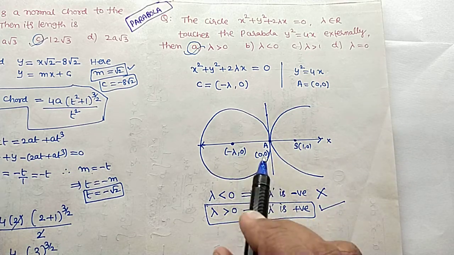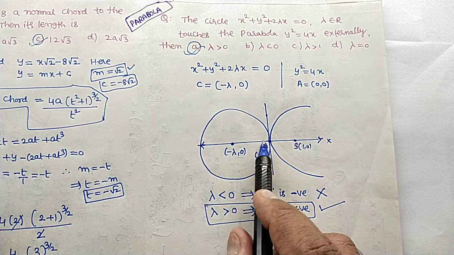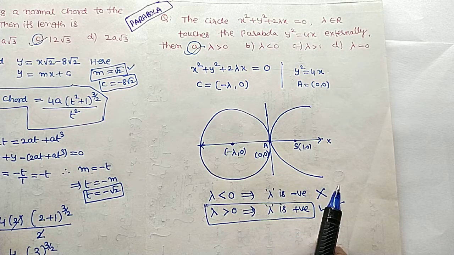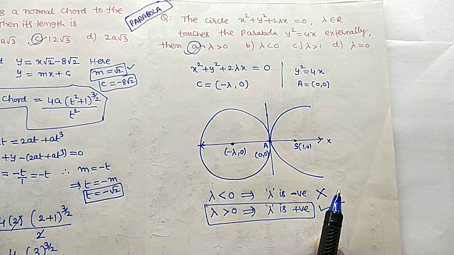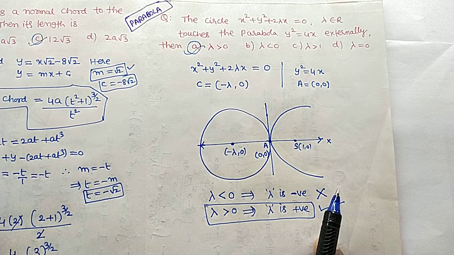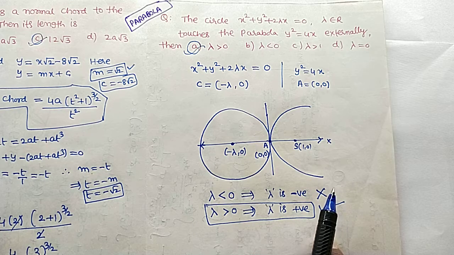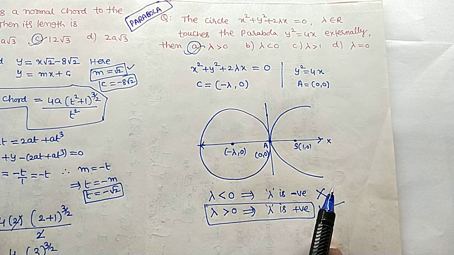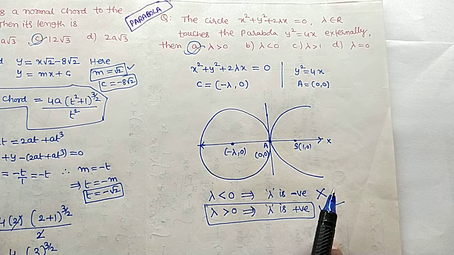If lambda is greater than 1, its radius is equal to 1 only, so it is not possible. That is the reason lambda greater than 0 is the only possibility. We can take any value between 0 and 1 also. For those values also, the given circle touches the parabola externally. Not only lambda greater than 1, but lambda greater than 0 is the right option.